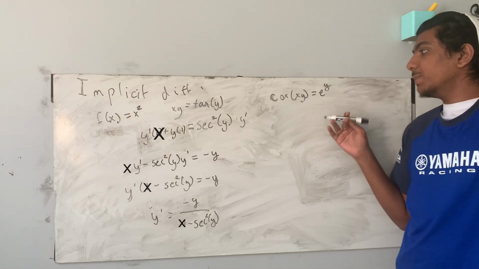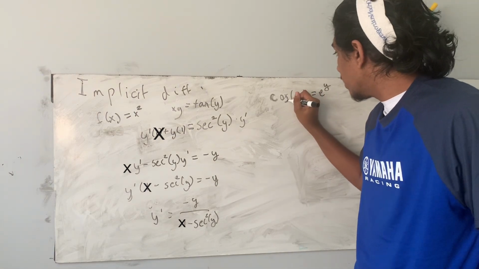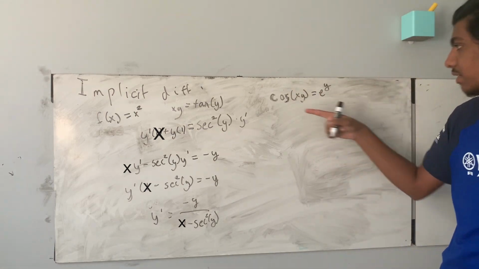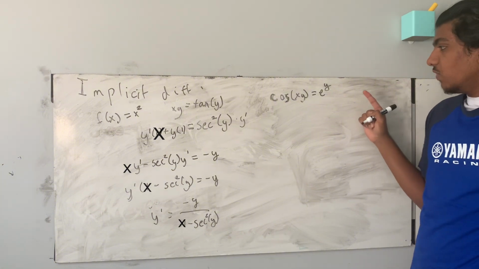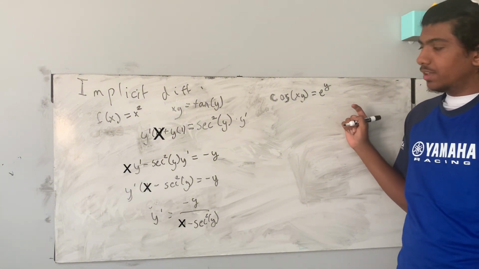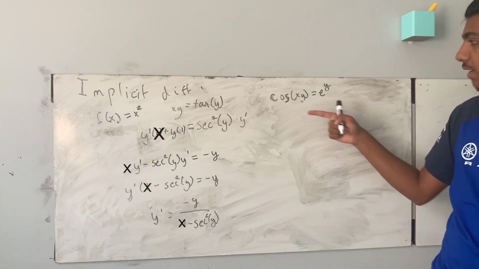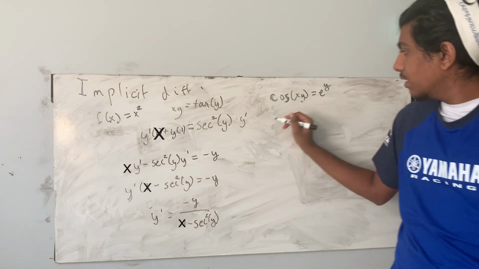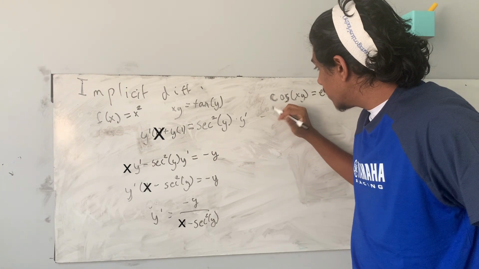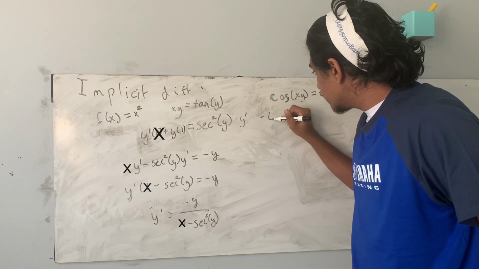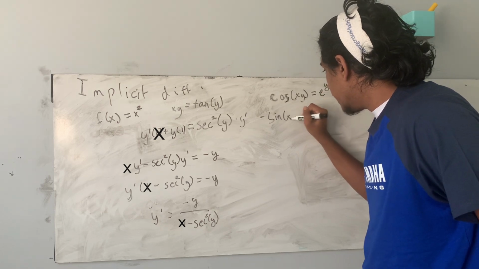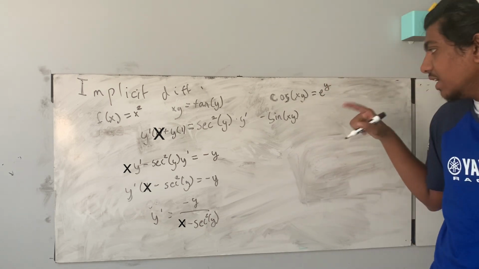Oh, this is tangent. I did tangent. I just realized that. My bad. Let's do cosine of xy equals e to the y. What is the derivative of cosine? Negative sine of xy. Keep in mind, don't change the inside.